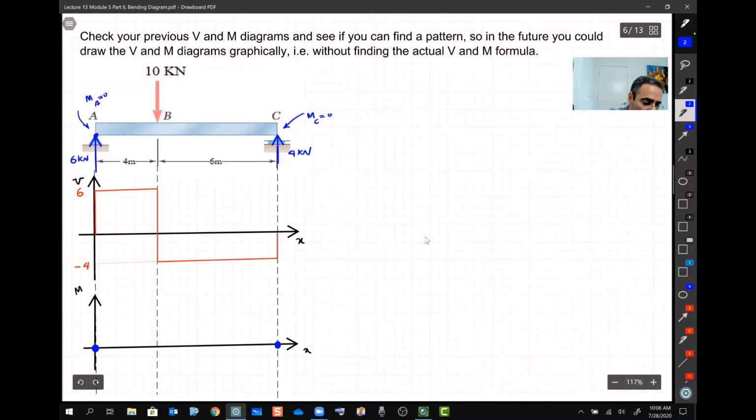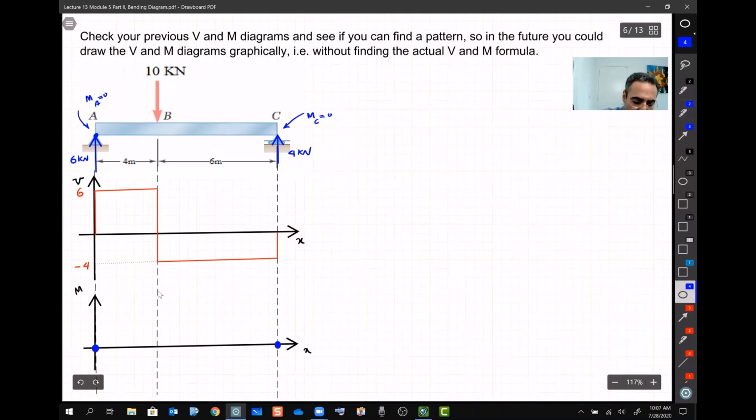Why are they 0? Because this one is a roller and this one is a joint. Remember, with a joint and roller, there is no bending moment. They can freely rotate. So at least I know for this M graph, the beginning and the end are 0. If I know one point in the middle, then I'm good to go.